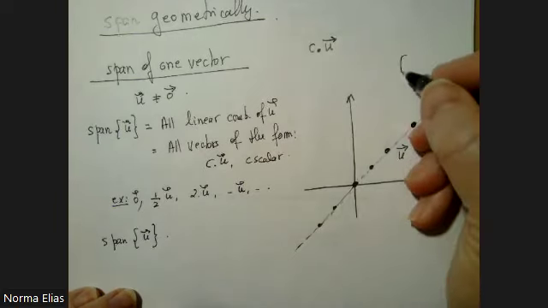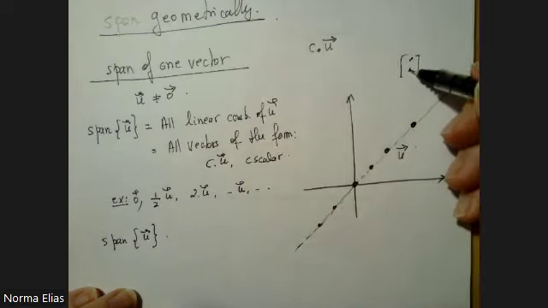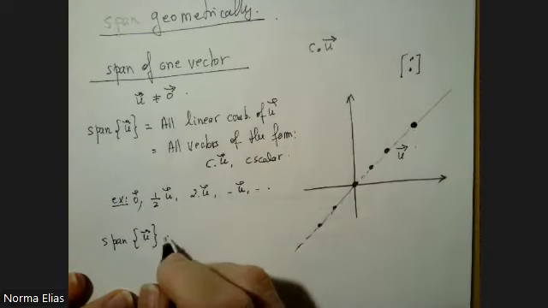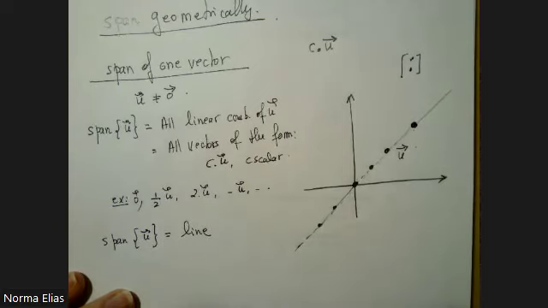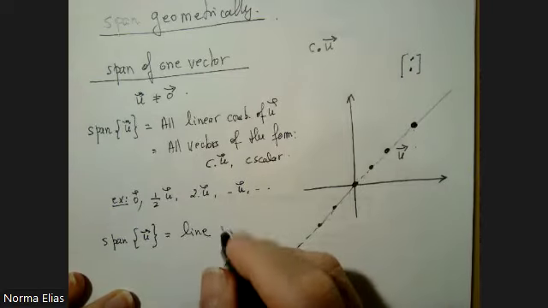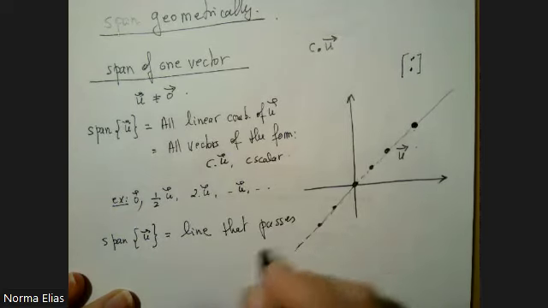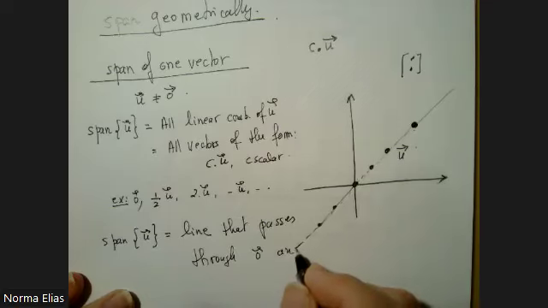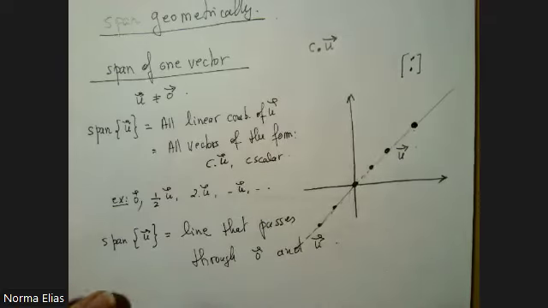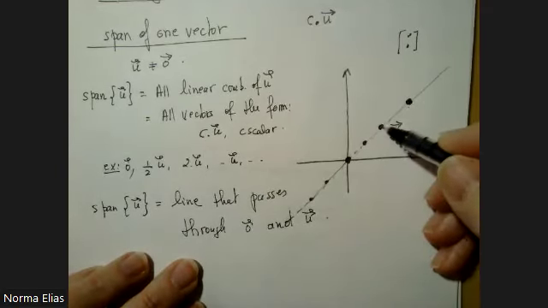The span of u is going to be any vectors on this line. It means any pair, any list of two numbers which lies on this line. So the span of u, we're going to write, is the line that passes through the origin and u. Okay, so it's nothing more than the line through the point that goes through the origin and the point u.